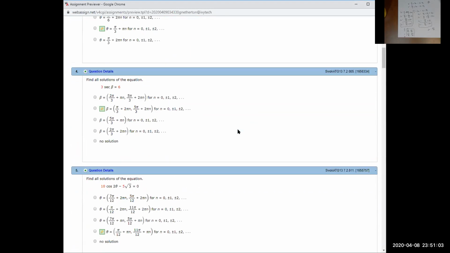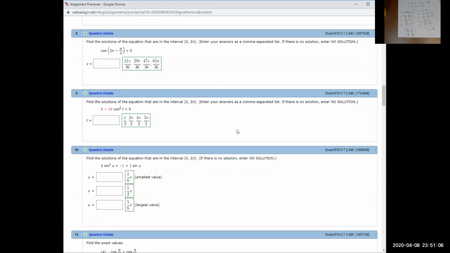So this is like a fill in the blank. And I'm looking, 11 pi over 36, that's the same, 29 pi over 36, 47, and 65. So, wow, we actually got the correct answer. That was pretty tricky, so that's good.